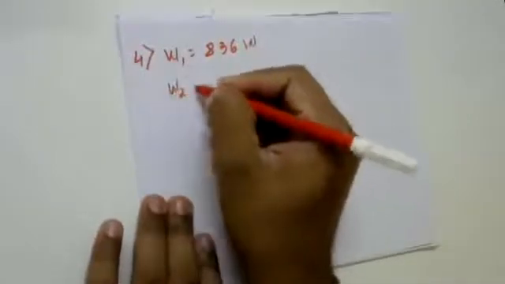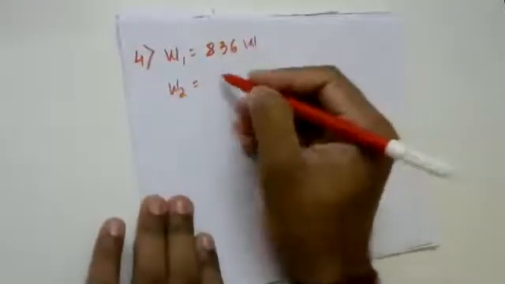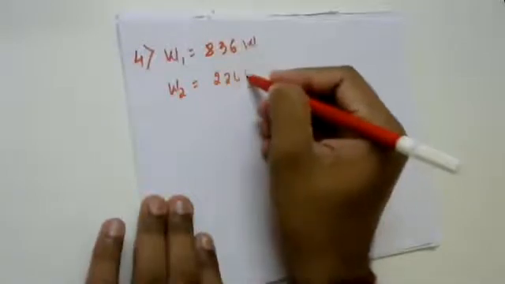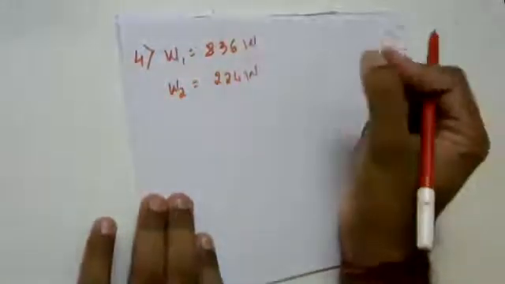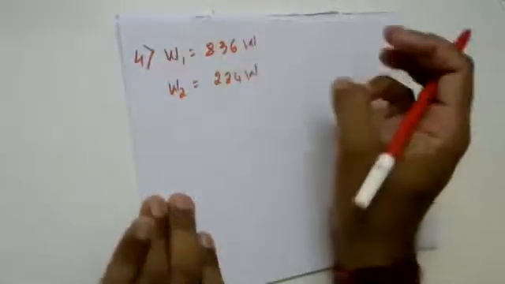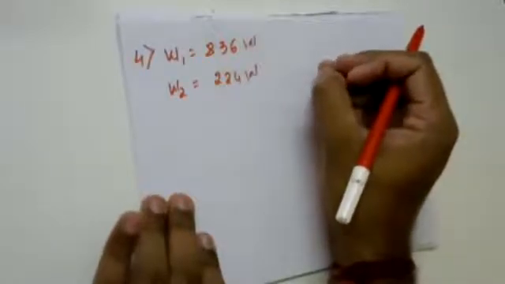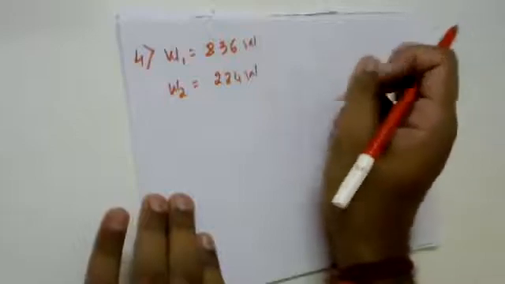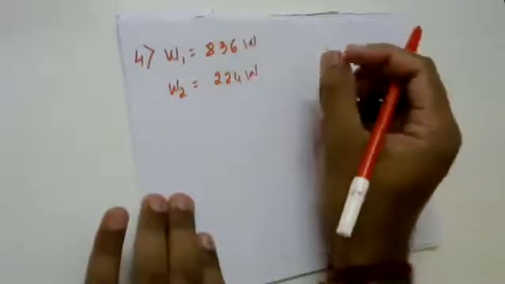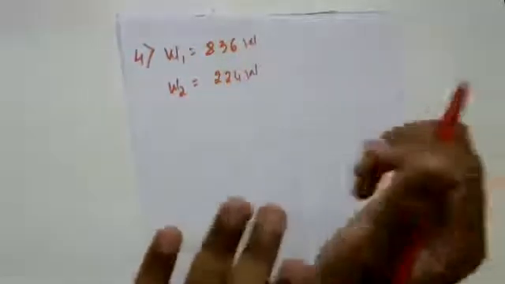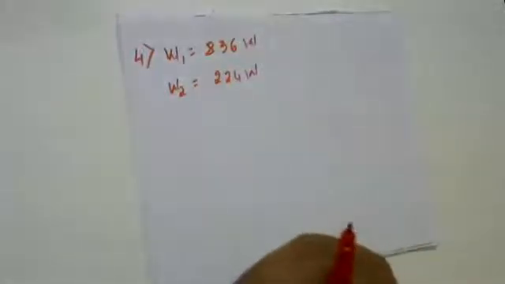W2 is equal to 224 watts. And then he's saying the later reading being obtained after the reversal of the current coil. Then what should we do now?